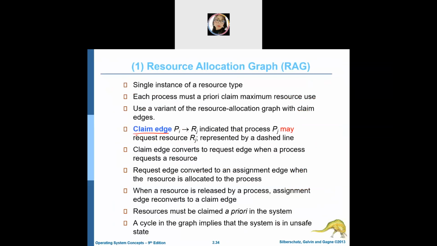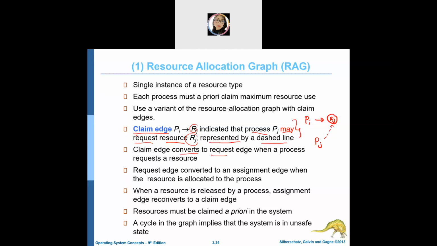Last time you used it as assignment, but now you're going to see it as a claim. It tries to claim this resource. It indicates that a process may request resource Rj, represented by a dashed line. So this is the illustration of this statement.